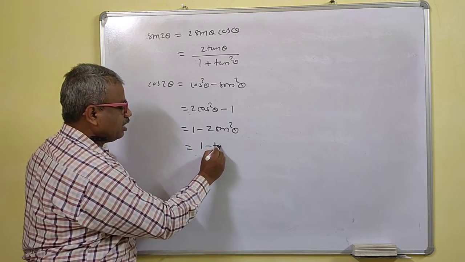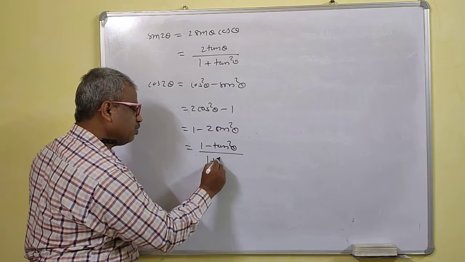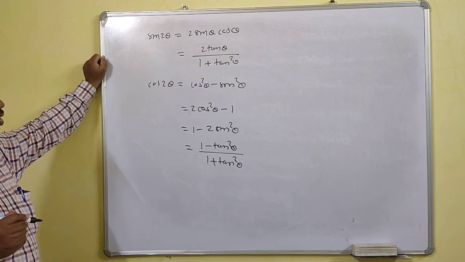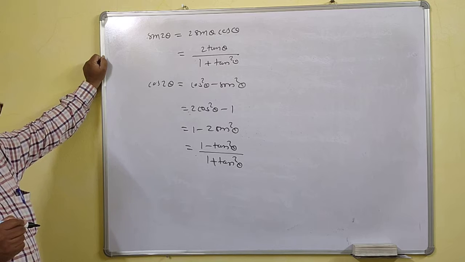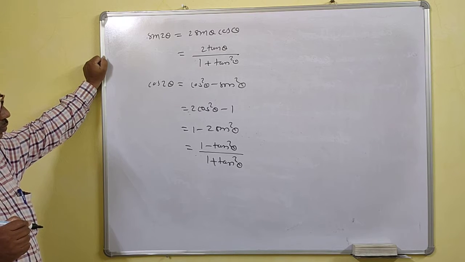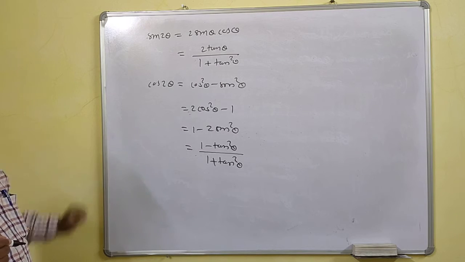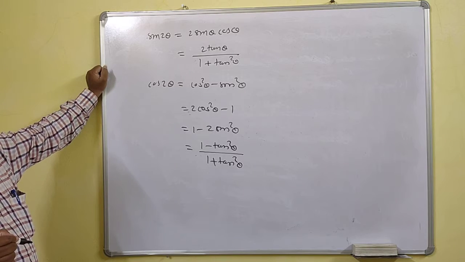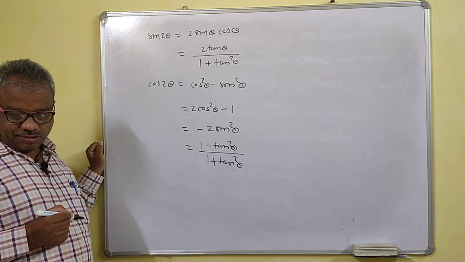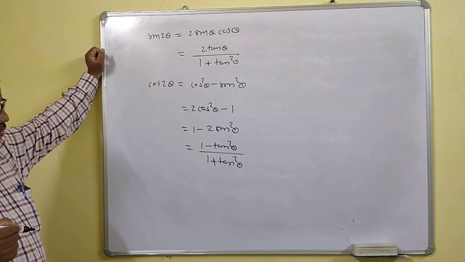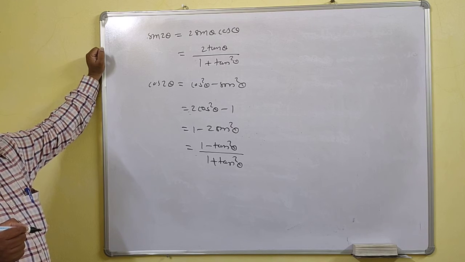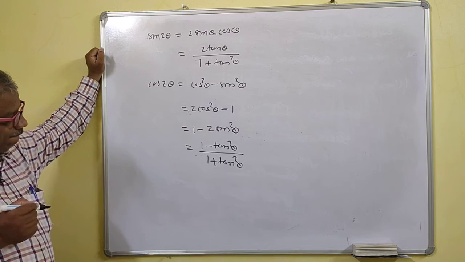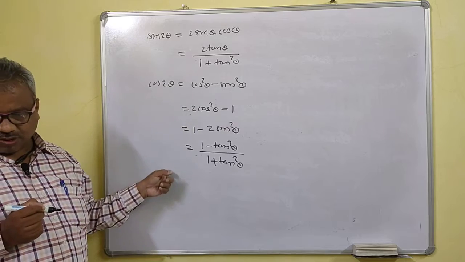And 1 minus tan square theta upon 1 plus tan square theta. So these are the four formulas for cos 2 theta.